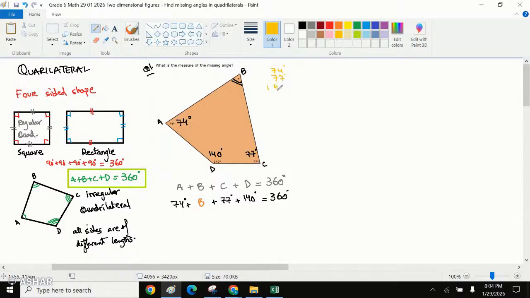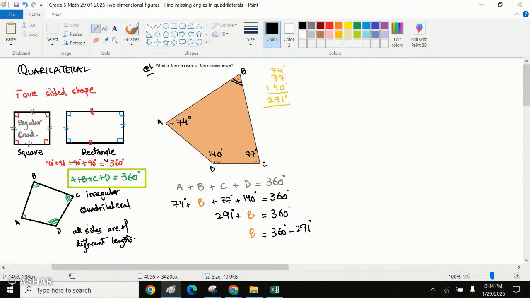If we add the three angles together, the total will come out to be 291. That means, can we write this as 291 plus B should be equal to 360? If we take 291 to the other side, can we subtract it from 360?